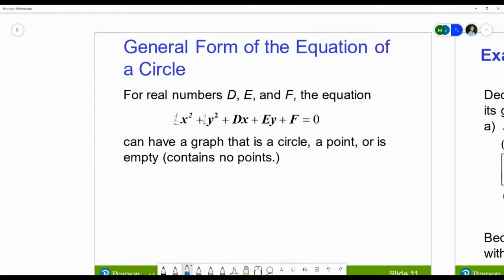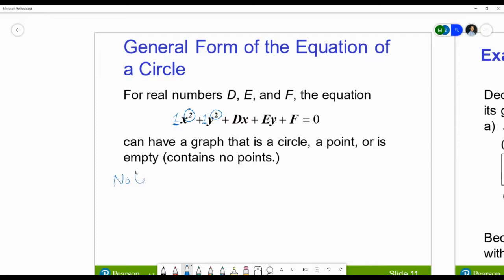of 1. So in order to see if an equation in general form is a circle, first you check to see if x and y are both being squared, and you check to see if the coefficients of x squared and y squared are both positive 1.